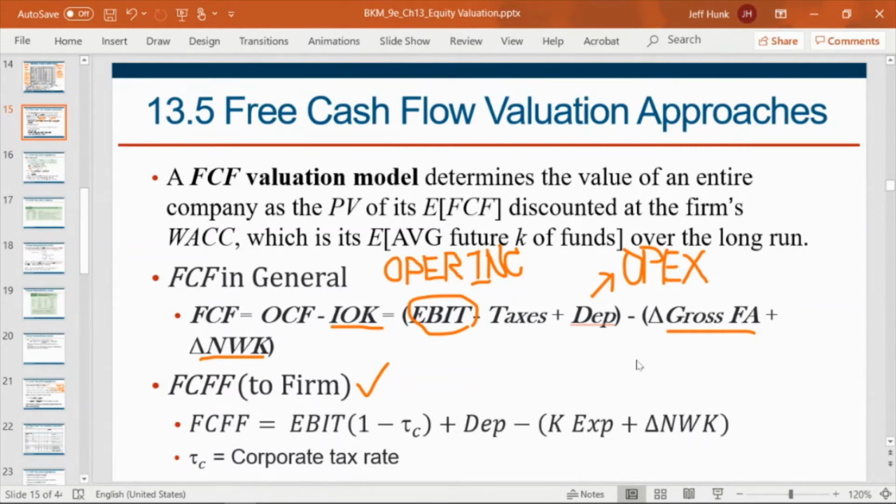They will have to expand their production capacity, right? So replacement, simply replacing the dilapidated portion of their plant and equipment, or expansion. They need to expand. And if they expand, then that will be a positive change in their gross fixed assets, right?